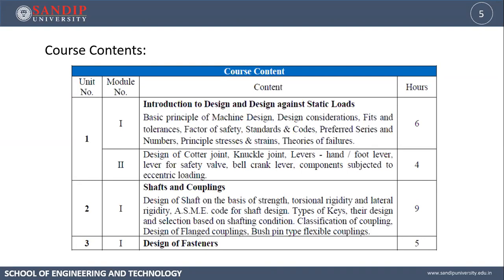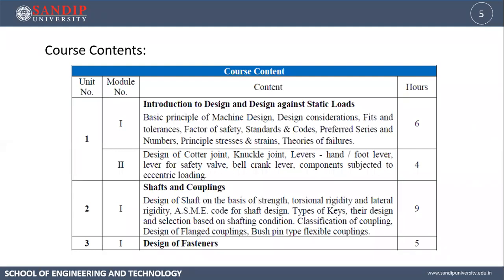The second part of the same unit is the design of cotter joints, knuckle joints, and levers. It may be a hand or foot lever, bell crank lever, lever of safety valves, and components subjected to eccentric loading. So unit number 1 will be divided into two parts.